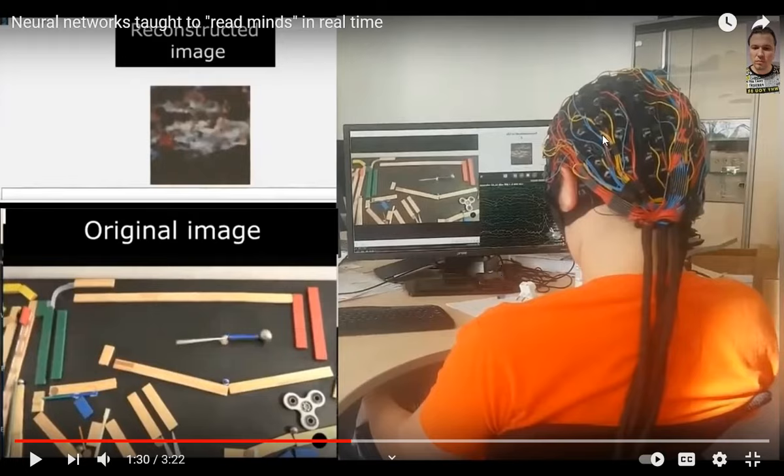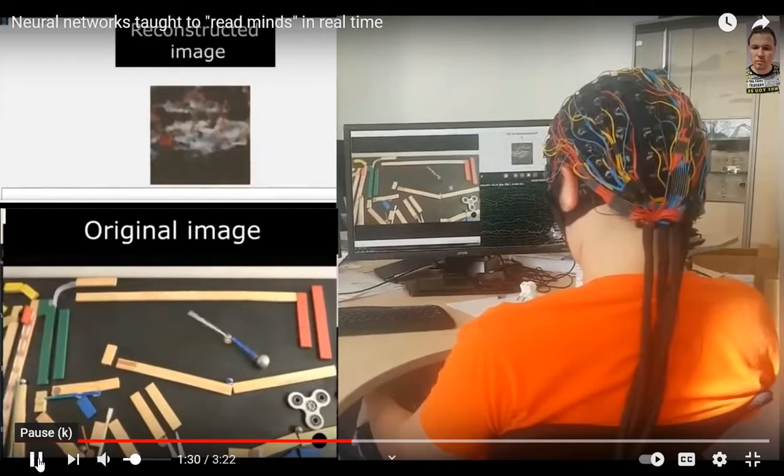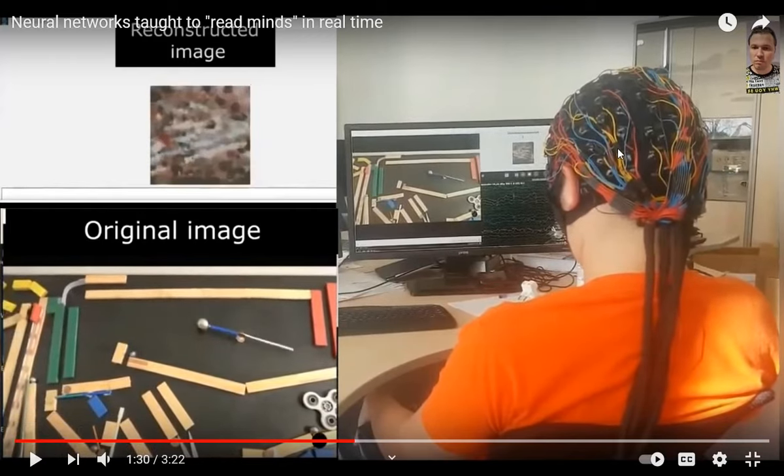But again, it's rudimentary imagery construction because of all the noise that the skull and the blood and the brain itself creates between the neurons and the electrodes. But there is another way to do this without the wires.